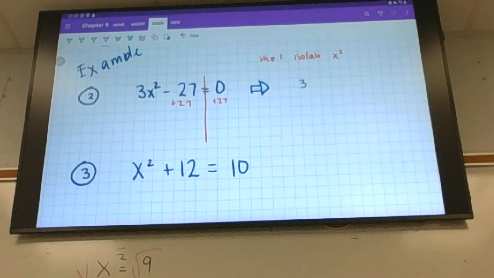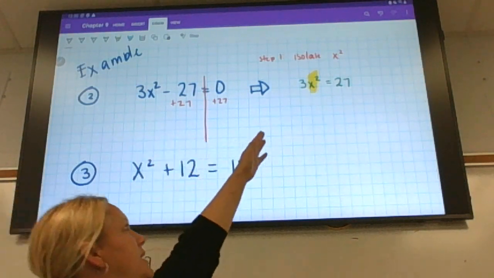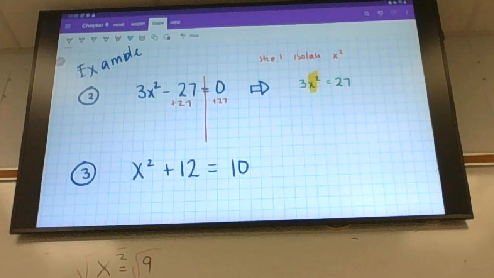Okay, so this is going to make it 3x squared equals 27. We have to write the example. I recommend it, but some people can't even see up here. Okay, so my next step into getting that x squared alone is to divide by 3. Put the line in, divide by 3.